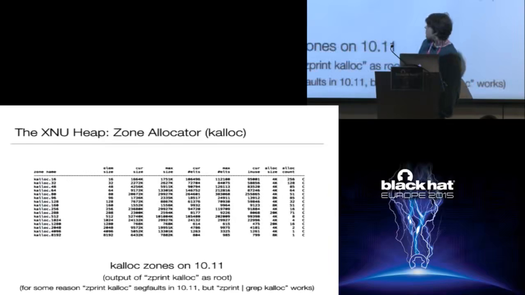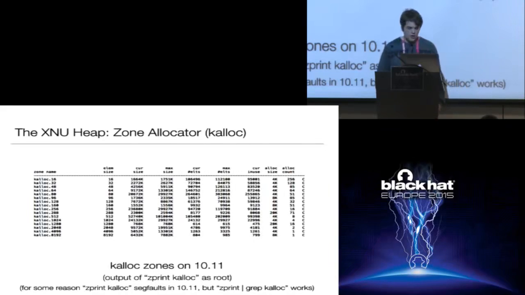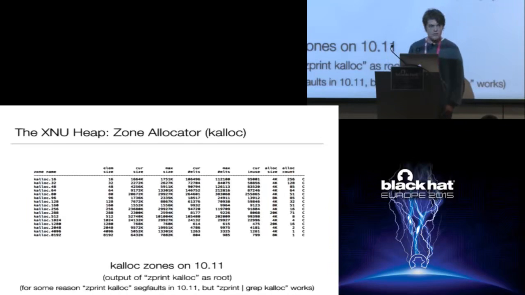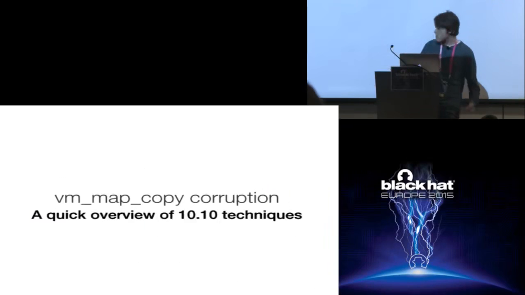This is the output of print kalloc zones, which shows you all the zones registered by kalloc. This does not work in El Capitan for some reason, but just running zprint and grepping for kalloc should work.